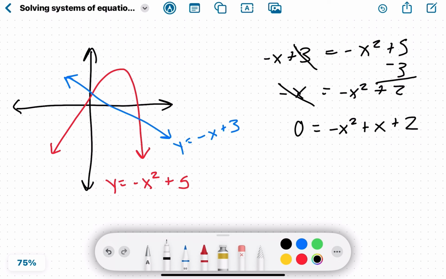You might want to get rid of that -x squared, so you can divide by -1. And then from there, factor and find your answer. But I say with parabolas, it's always easier just to do it graphically.